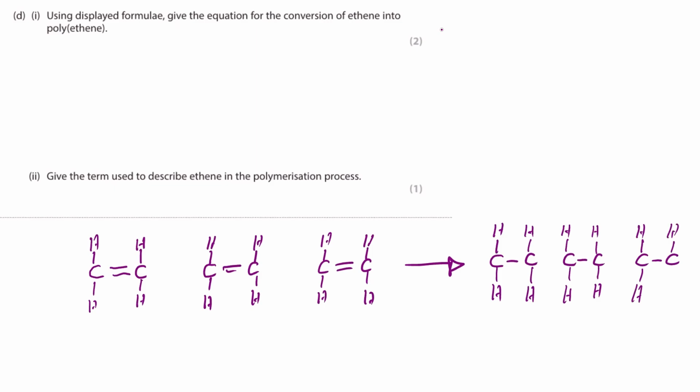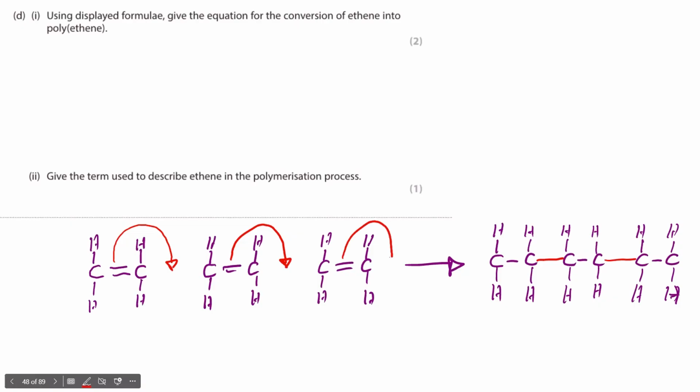So what happens? They have double bonds now. So simply what happens? One double bond starts moving from here to here, making the link between these 2 molecules like this. And this double bond moves here, making the link between these 2 molecules. This double bond moves here, making the link between this molecule and the next one.